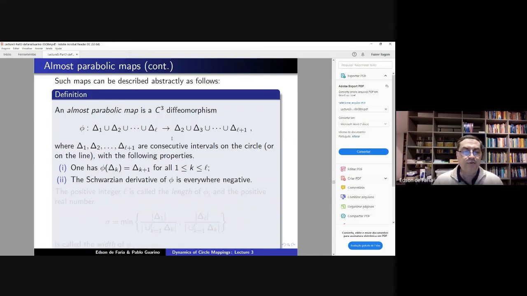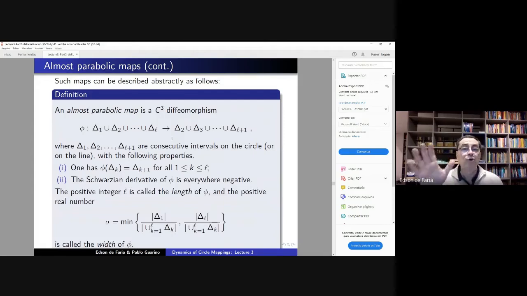So this negative Schwarzian condition gives you a kind of convexity. Sort of. Anyway. So there are two parameters here. The first is the number of intervals that you see in this chain in the domain, L intervals. So this L is called the length of the map, okay?